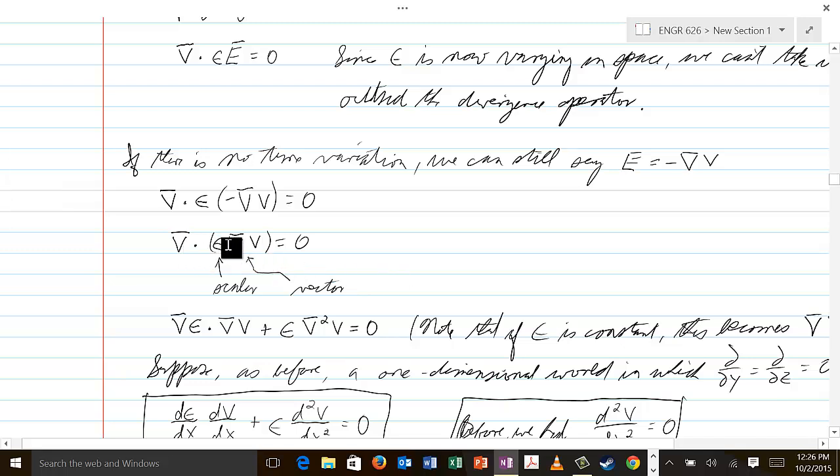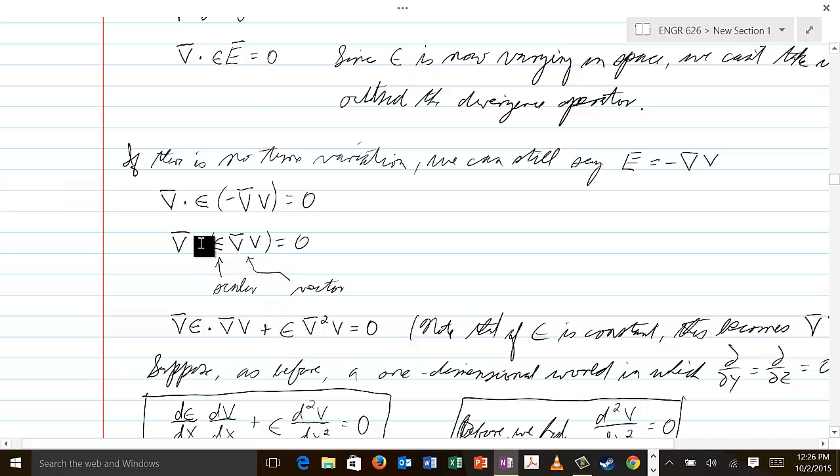Now, just as in elementary calculus we have rules for taking the derivative of a product, the same is true in vector calculus for taking the divergence of a scalar times a vector. What we'll get is the gradient of that scalar dotted with the vector, plus the scalar times the divergence of the vector.